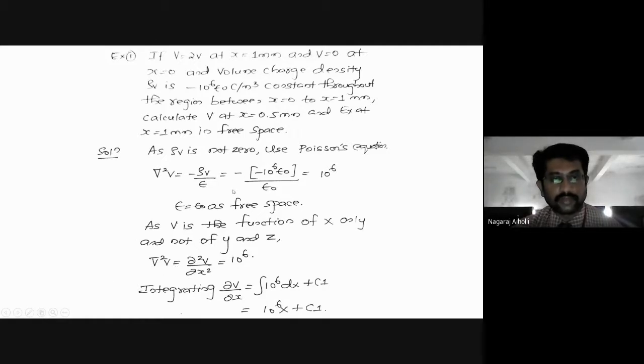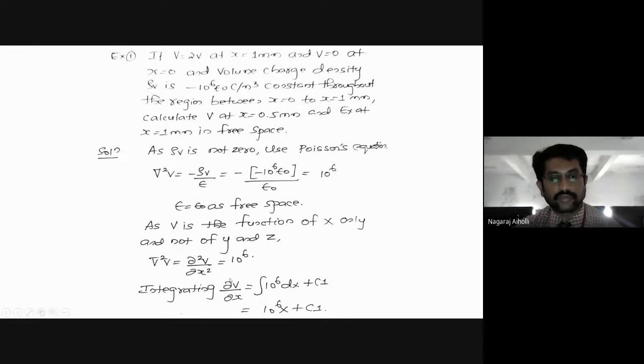If it was a function of y and z, we could have written del square V is equal to dou square V by dou x square plus dou square V by dou y square plus dou square V by dou z square. But as it is a function of only x, we write del square V is equal to only dou square V by dou x square, that is, it is 10 raised to 6. Write it, it is 10 raised to 6.